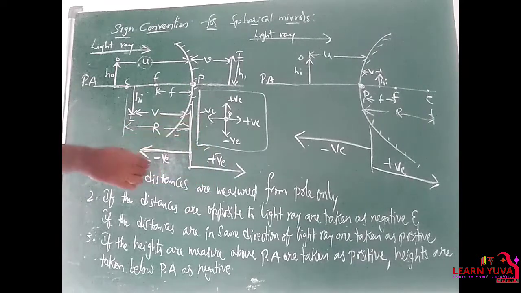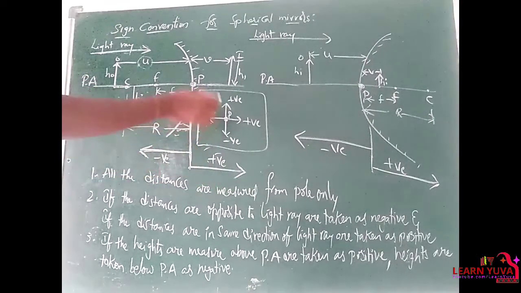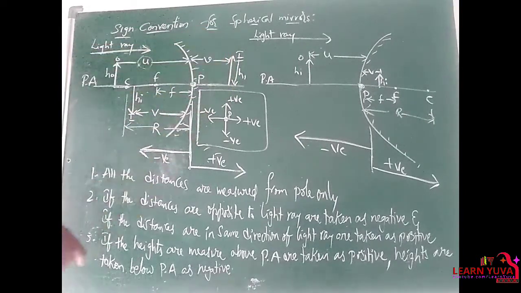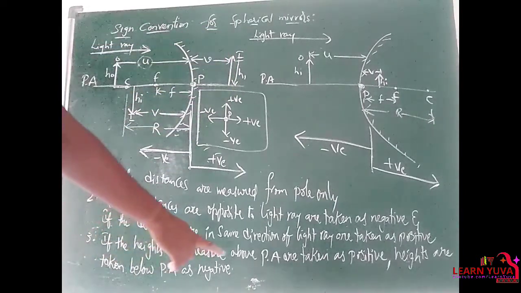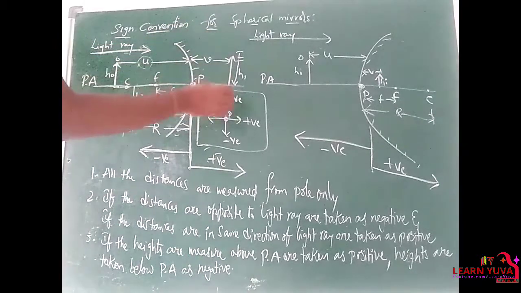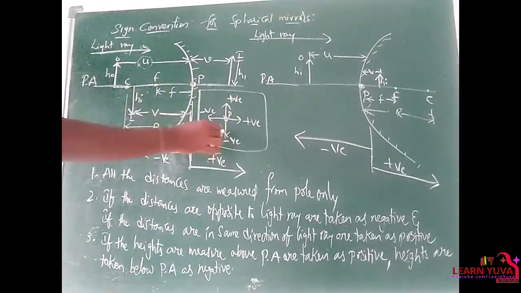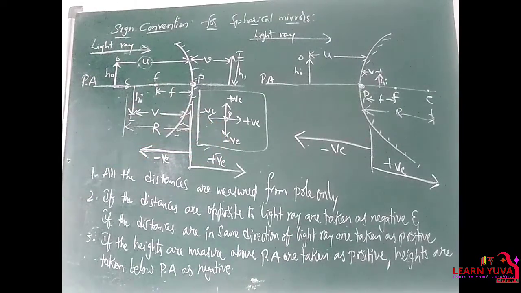In the same way, if the distance is moving upwards to measure the height of the object or the height of the image, by rule 3, if the heights are measured above the principal axis, then those are taken as positive. If the heights are measured below the principal axis, then those are taken as negative.